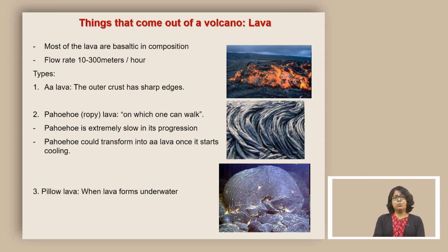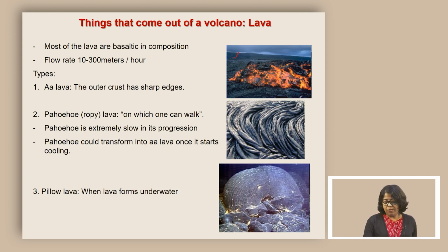Here, just to give examples, I have used two specific types of lava. One is called a'a lava. These are lava which has very crusty, sharp edges. Most of these examples come from Hawaii, where you can still see the flow of lava on the surface today, and therefore these names are from the Hawaiian words describing them.